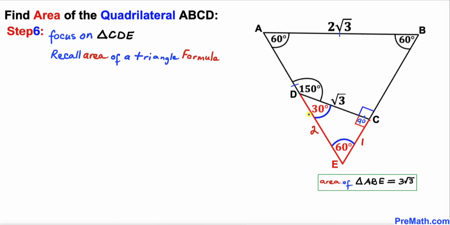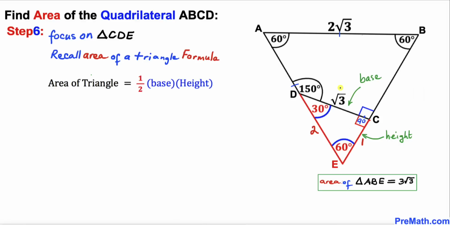Now let's focus on this triangle CDE, and we know this is a right triangle. Let's recall the area of a triangle formula: a half times base times height. We know our base is square root of 3 and our height is 1. Let's fill in the blanks.